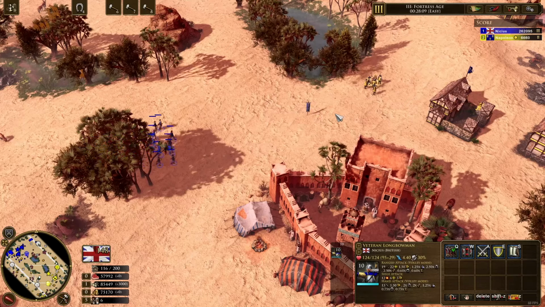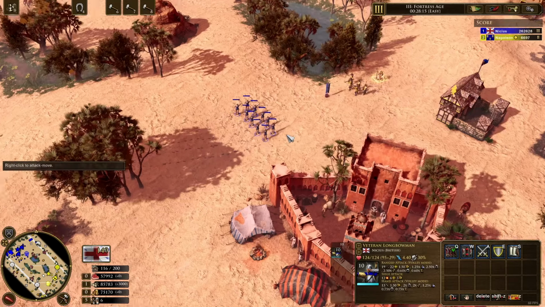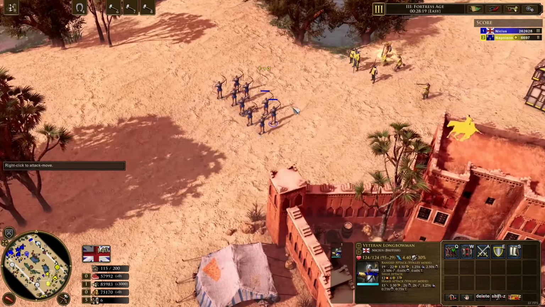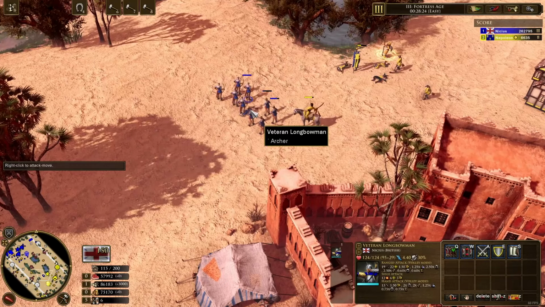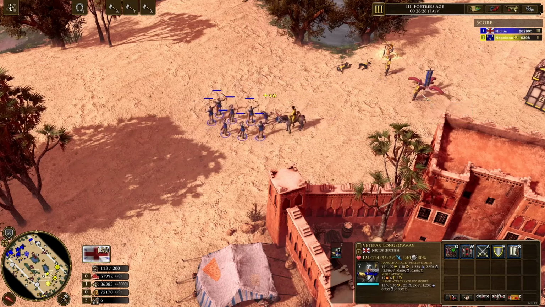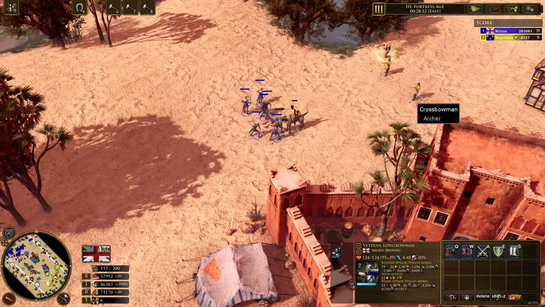It's even more seeable when you go for an attack move. Once I've killed a unit, they're going to move a little bit further and then reset their setup animation to then shoot again. But you can diminish that by switching the target while the arrows are mid-air.